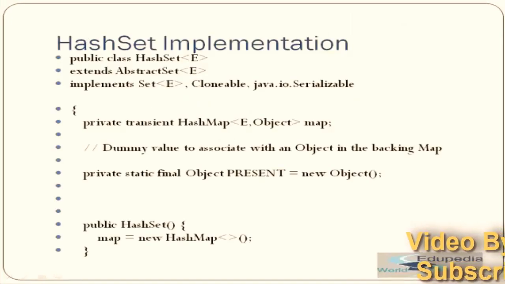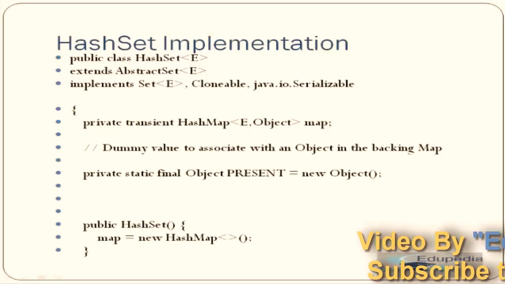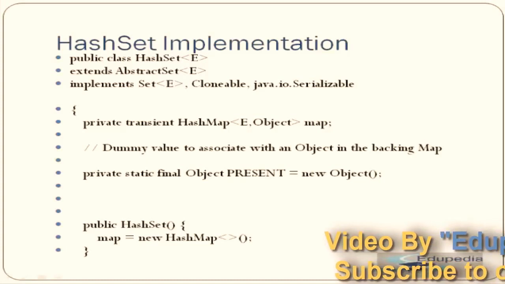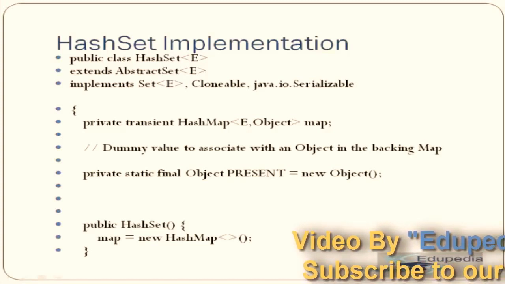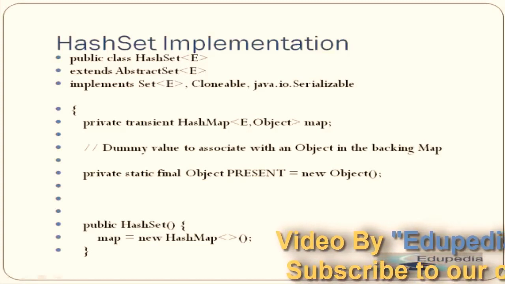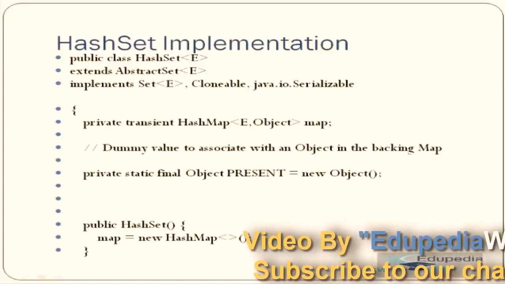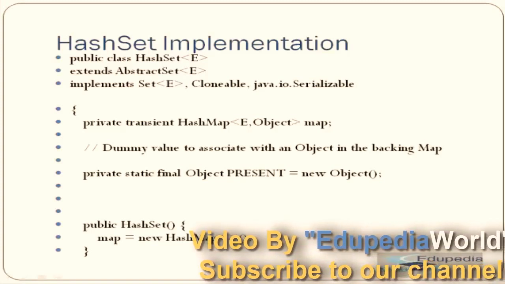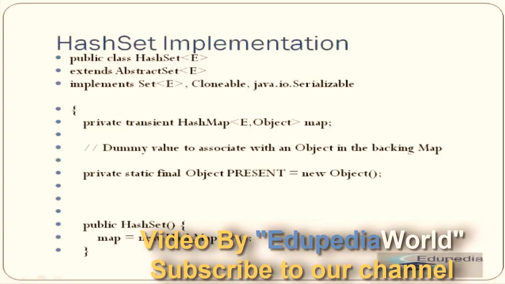Okay guys, so now we study the implementation of the HashSet. HashSet is a very important collection in Java because it can only take elements which are not duplicate. We need to understand how HashSet is able to implement the mechanism that it does not take duplicate elements. For that we have to see the implementation.